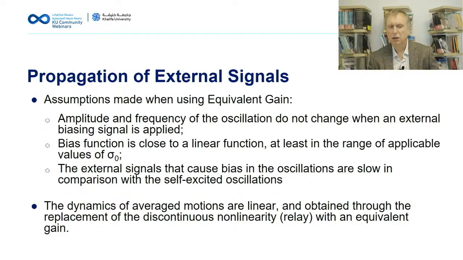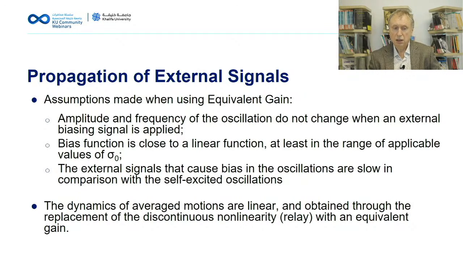We will assume, of course it's not quite true, but approximately it is fulfilled, that the amplitude and frequency of the oscillations do not change when an external biasing signal is applied, that the bias function is close to a linear function, and that the external signals that cause bias in the oscillations are slow in comparison with the self-excited oscillations. Usually all these assumptions approximately hold.